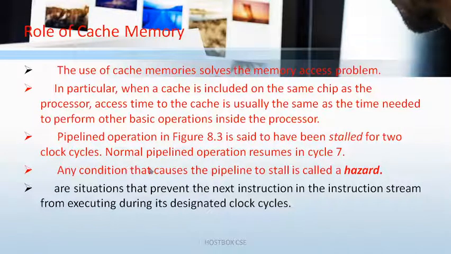Any condition that causes the pipeline to stall is called a hazard, that means stopping and skipping the instruction. Another way to say it: these are situations that prevent the next instruction in the instruction stream from executing during its designated clock cycles. We may expect 2 more questions in the university exams: what is a hazard, what is a pipeline hazard.